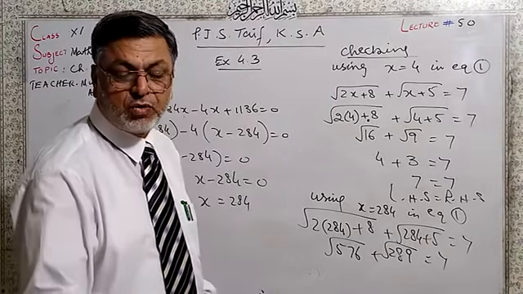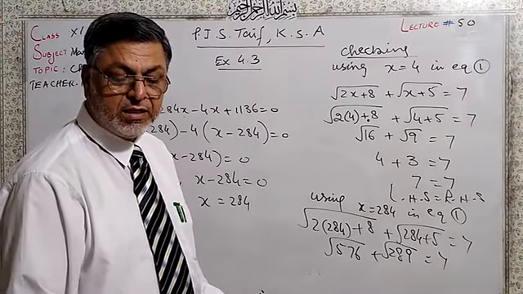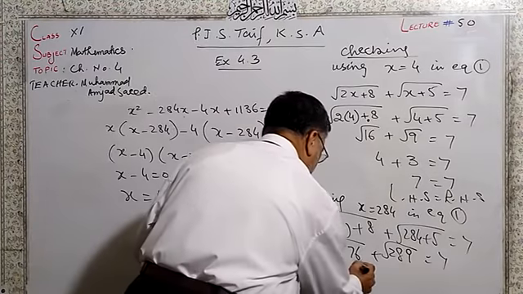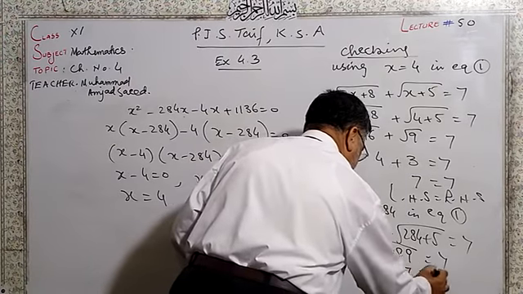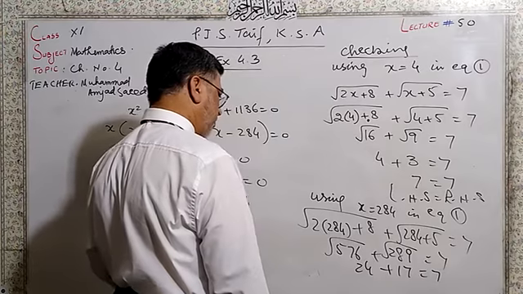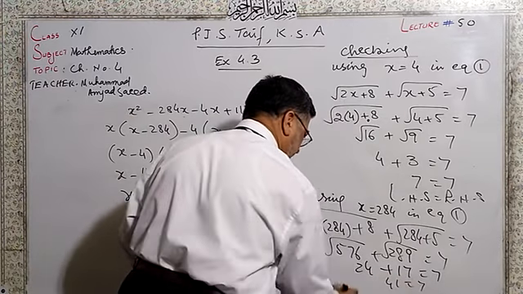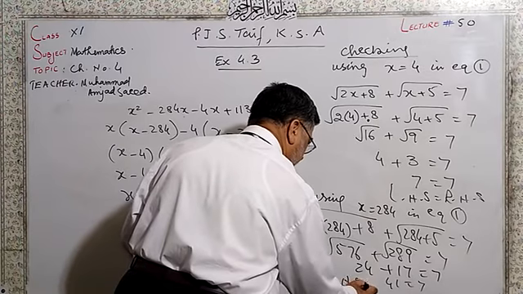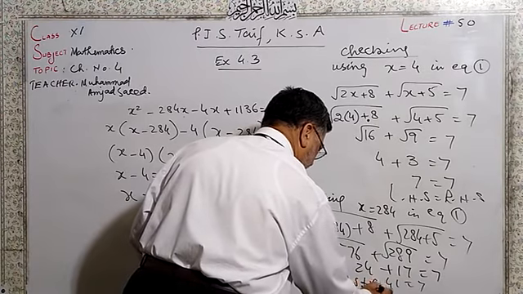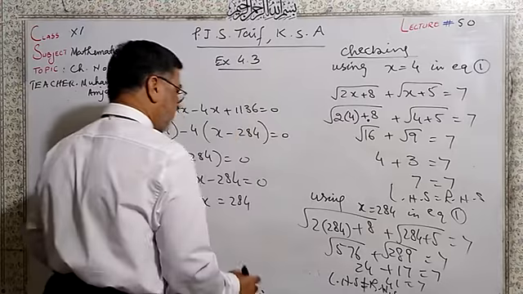When you take square root of 576, we have 24 plus 17 is equal to 7. So you can check, it will be equal to 41 is equal to 7. Left hand side is not equal to right hand side.